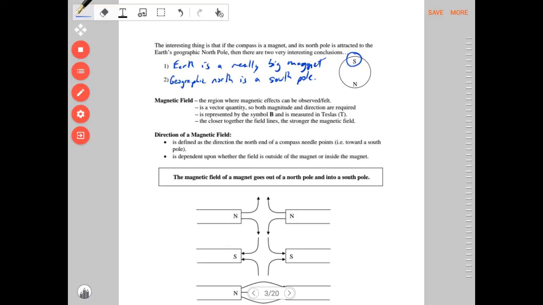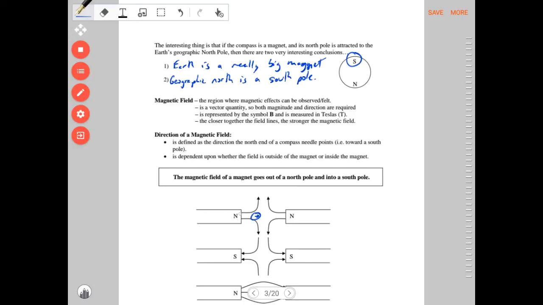The other thing is dependent upon whether the field is inside of the magnet or outside of the magnet. The magnetic field of a magnet goes out of a north pole and into a south pole. If you put a little magnet right here, the north pole is going to be repelled by this north pole, and the south pole of the little needle will be attracted.